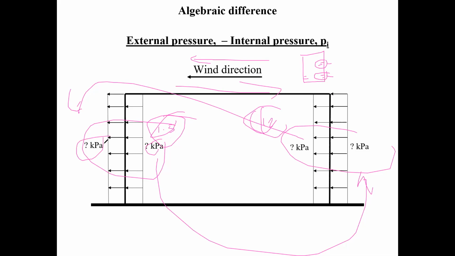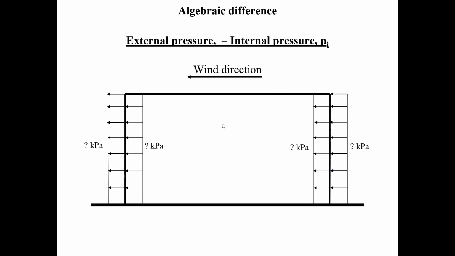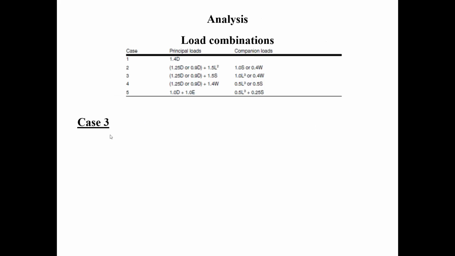I want you to do the calculation, decide which is going to be the higher one of the two, and which one you're going to use in your calculations. I'm showing you the steps you have to go through, and if there's something you don't understand, I'll go back and explain it. Tell me now what it is that you don't understand about the wind loads.